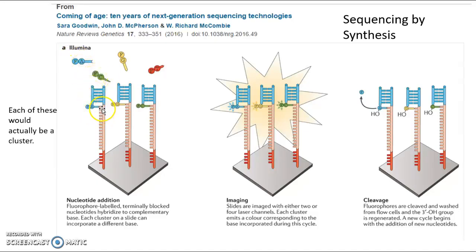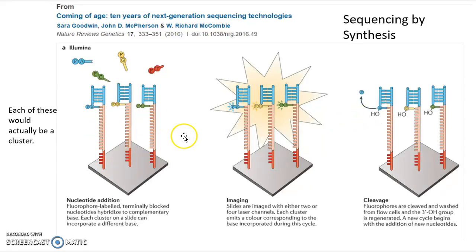Depending on the identity of the template DNA, the correct nucleotide will base pair in, and then you can hit it with a laser and it will fluoresce. Okay, and then you wash off the fluorescent dye and you regenerate the OH group, and then you repeat and add the next nucleotide to that position.